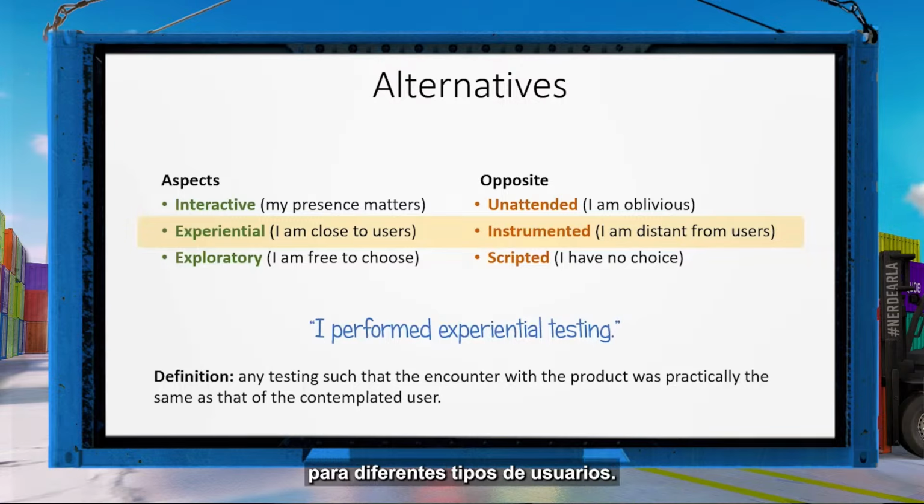And this comports with what I'm sure most of you really have in your mind when you say manual testing. You mean I'm using the product like a user. What's the opposite of that? Instrumented testing.